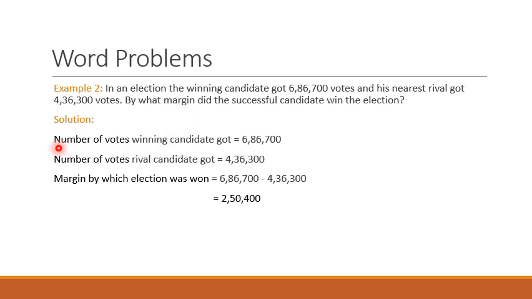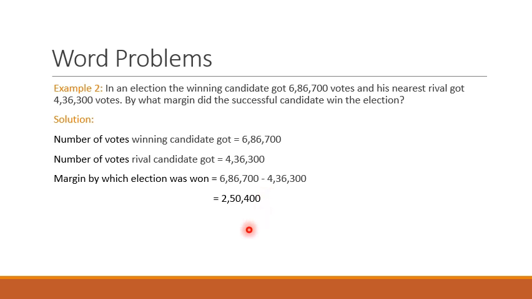The number of votes the winning candidate got is 6,86,700. The number of votes the rival candidate got is 4,36,300. Margin. Just now I have told you margin means the difference between the votes. So what do we have to do here? Difference, that is subtraction. So we will subtract the number of votes.